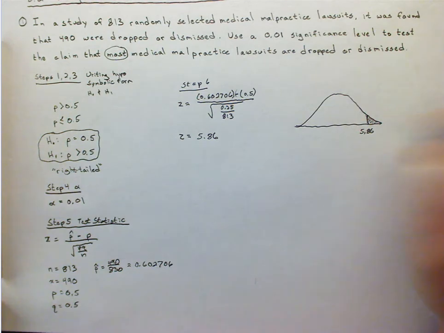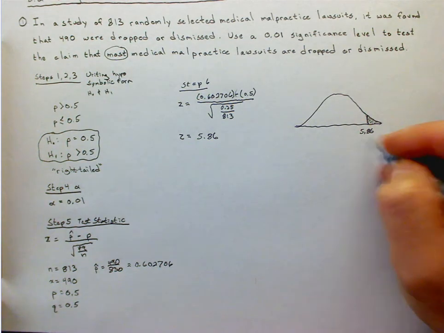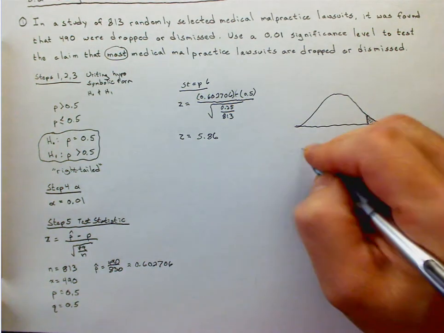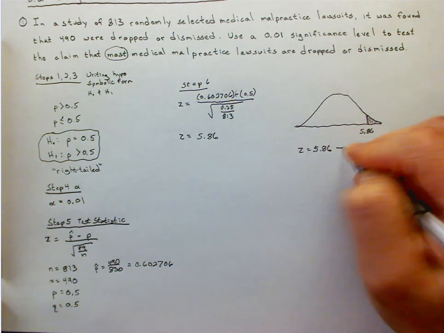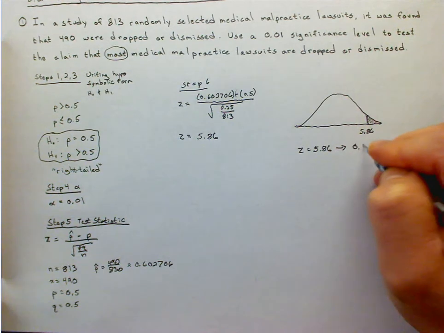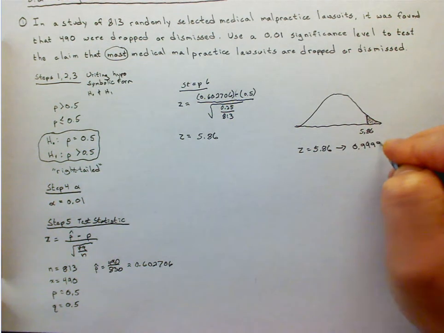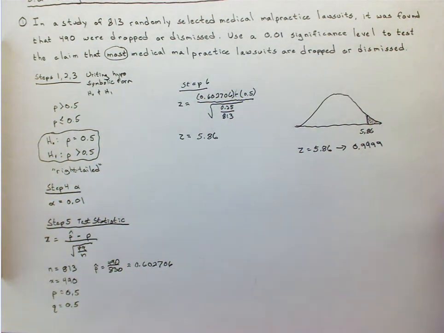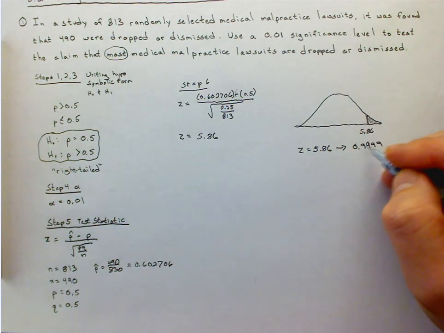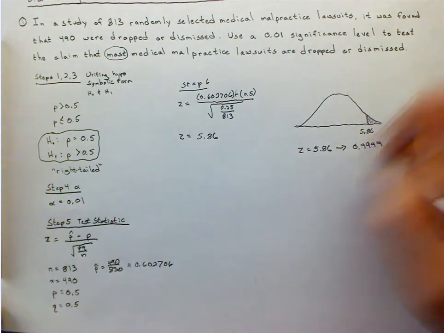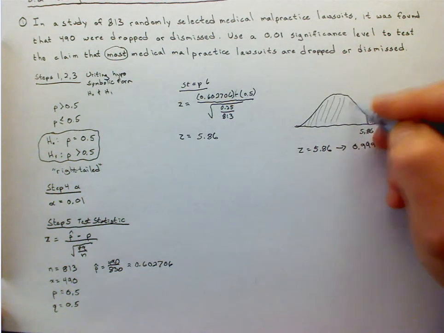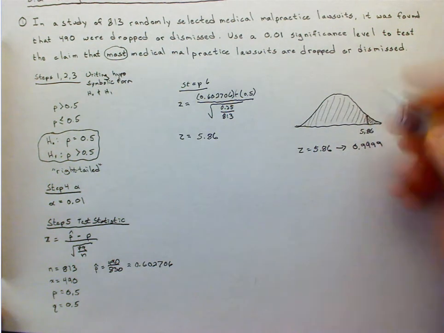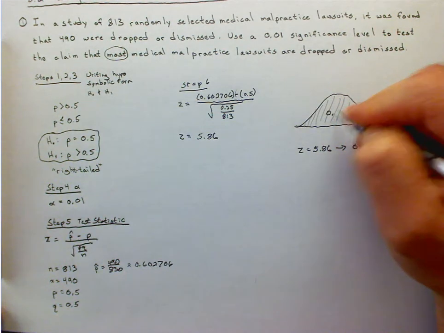Whenever I look up this z-score, z equals 5.86 is going to correlate to a probability or an area underneath there of, and they don't ever go to 100%, so 0.9999. Remember, I read from left to right, so this is my 0.9999.